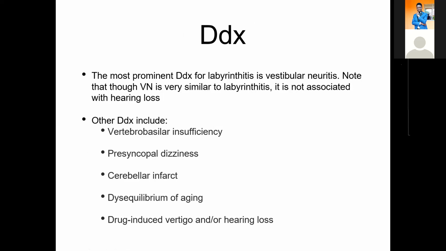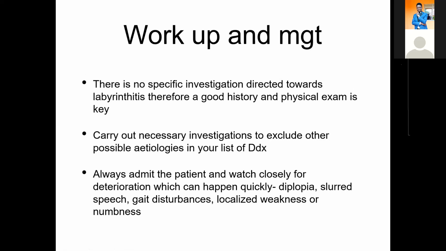That is vestibular neuritis. Other differentials: you can have vertebrobasilar insufficiency causing vascular ischemia. You can have pre-syncope dizziness, like those students who stand for a long time and then faint. You can have cerebral infarct. You can have disequilibrium of aging and drug-induced vertigo, and hearing loss.